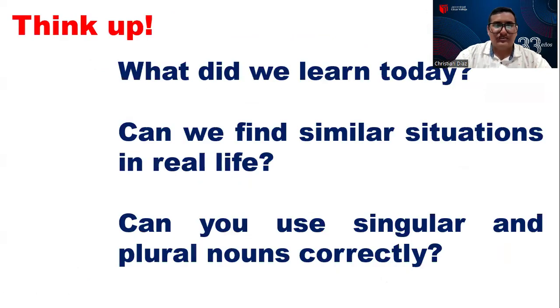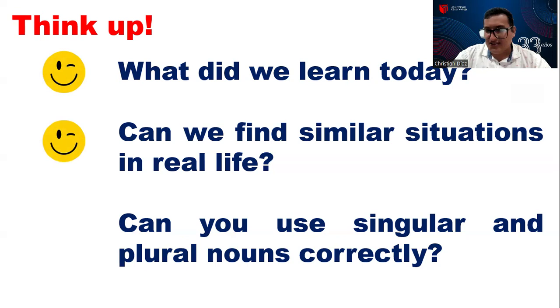Okay. So, what did we learn today? About numbers, to say and write numbers, okay? How do you feel about that? Did you learn that? Yeah, but can we find similar situations in real life where we can use numbers? Yeah, always.